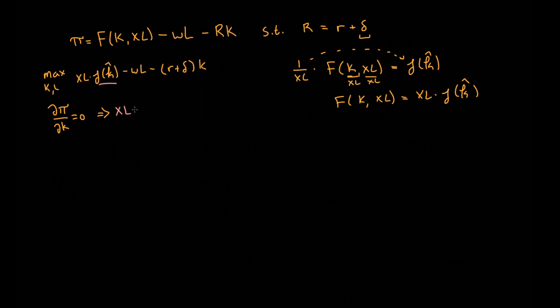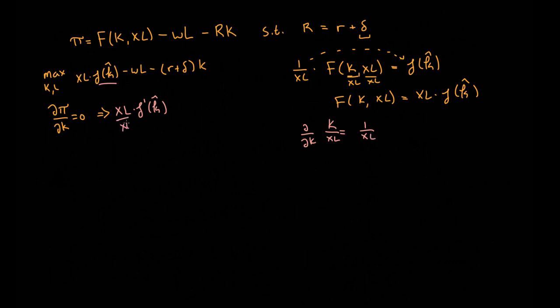We need to use the chain rule, so the outside function becomes f prime of k hat, and the inside, remember that k hat equals k over xl, so the derivative with respect to k is just 1 over xl.